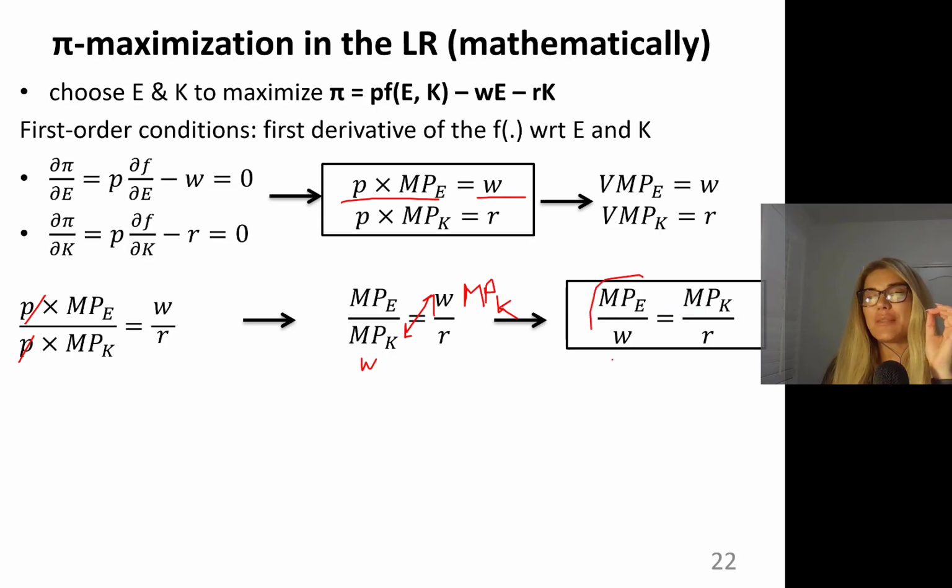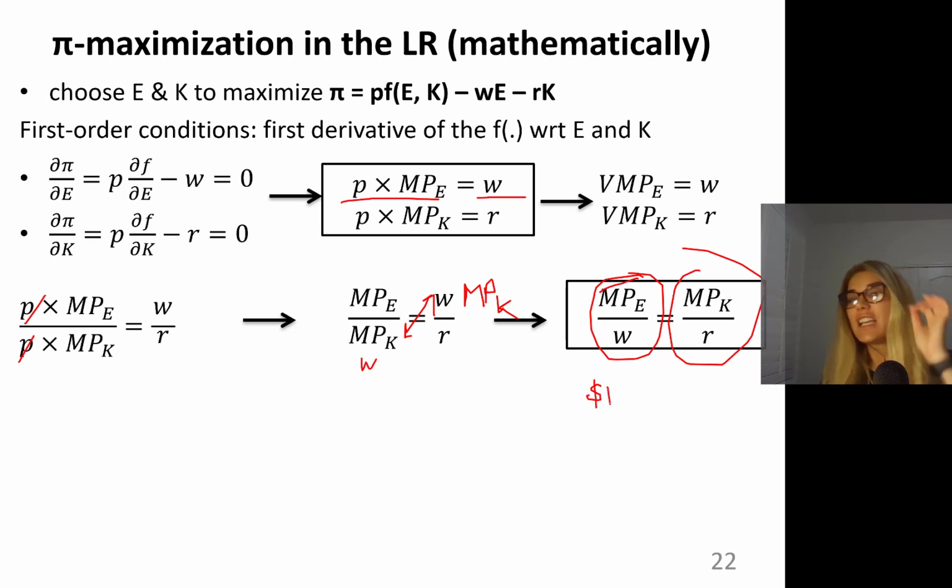But let me explain to you what this means in English. This is basically how many quantities of output I am producing by spending $1 on labor. I have $1. If I put that in hiring labor, this is how many quantities of output I'm going to get. I have another $1. This is how many units of output I'm going to get if I put $1 into capital.